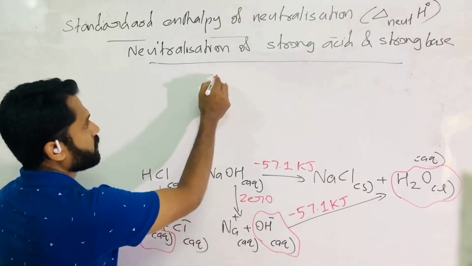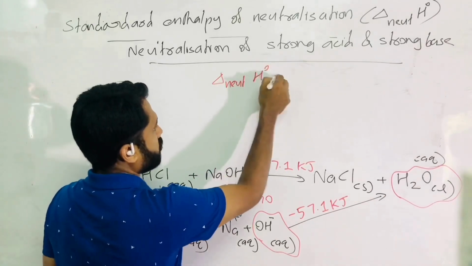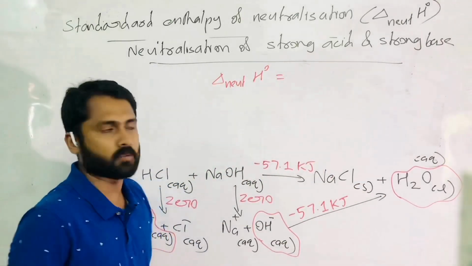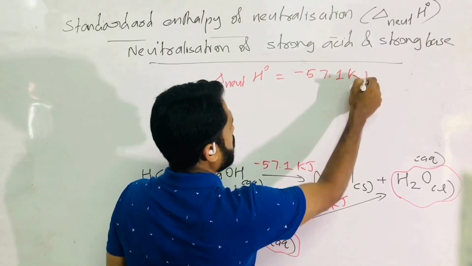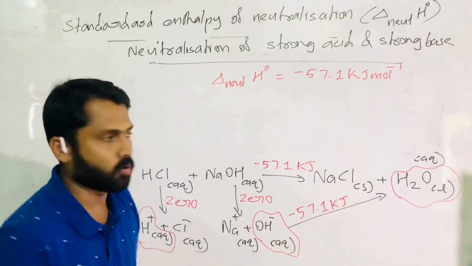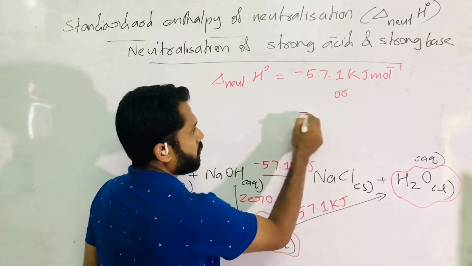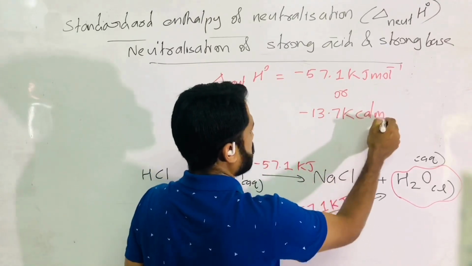So, I am specifying the point. Neutralization enthalpy of strong acid and strong base is fixed. That value is minus 57.1 kilojoule per mole or minus 13.7 kilocalorie per mole.